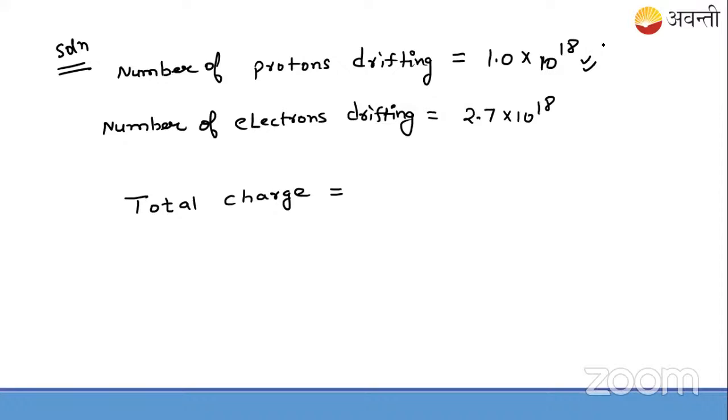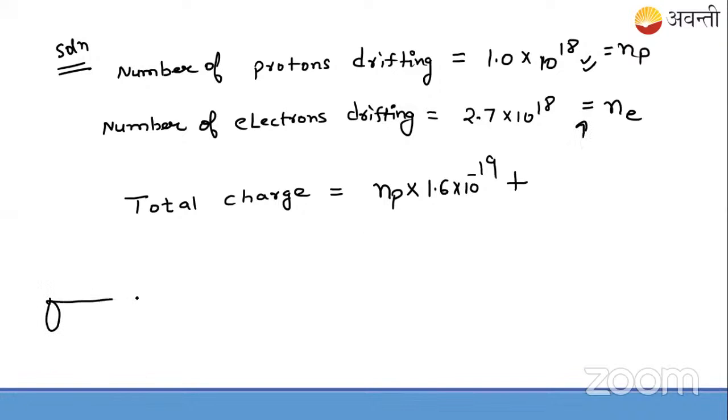I can denote this with the symbol N subscript P, that is the number of protons drifting. This I can denote with the symbol Ne, that is the number of electrons which are drifting. So the total charge here will be the number of protons into the charge on one proton, that is 1.6 into 10 minus 19 coulomb, plus, because these are also charges which are passing through the wire.